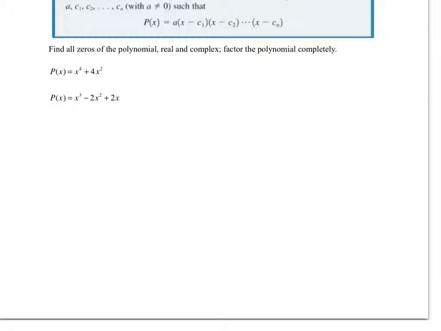Now we're going to solve x squared minus 2x plus 2 equals 0. Let's just complete the square. So we have x squared minus 2x equals negative 2. Half of 2 is 1, squared is 1, so we add 1 to both sides. And we have x minus 1 squared equals negative 1.